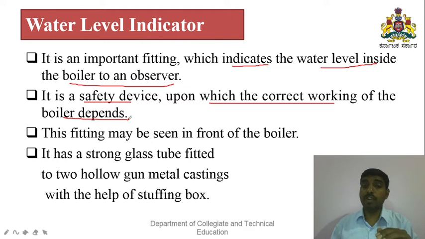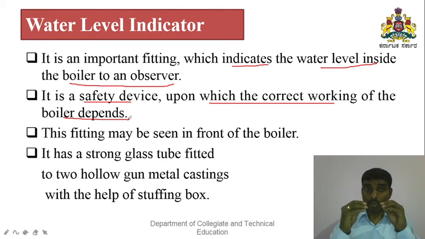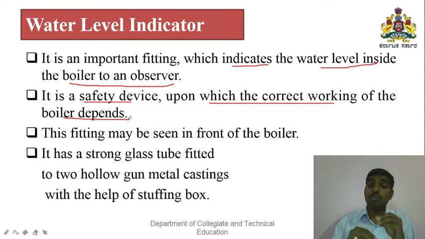This is a safety device upon which the correct working of the boiler depends, because the water level indicator should work properly and efficiently, because water is the prime criterion to run the boiler.